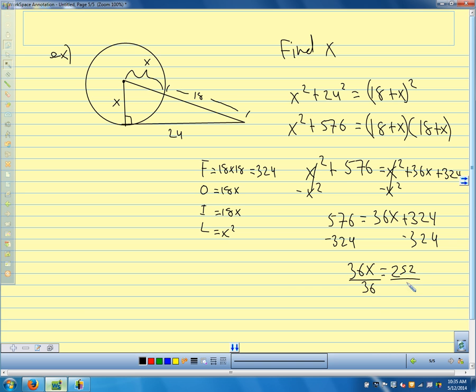Divide by 36, and I get x equals 7. All right, questions there?